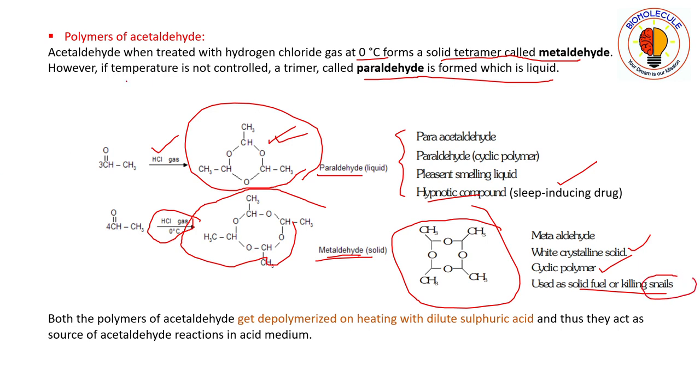Okay. Now, both the polymers of acetaldehyde get depolymerized on heating with dilute sulfuric acid, and thus they act as a source of acetaldehyde for reactions in acid medium. So if you want to react acetaldehyde in a reaction vessel, you can take this paraaldehyde liquid or metaldehyde. They will act as a source in acidic medium, as these polymers get depolymerized on heating with dilute sulfuric acid.